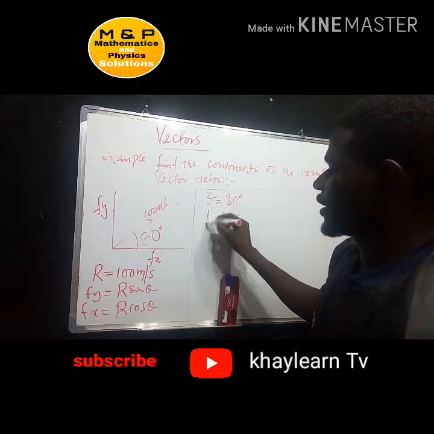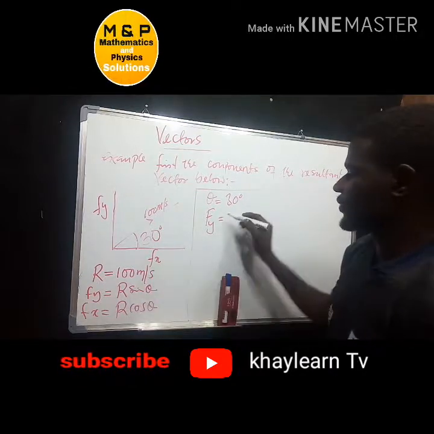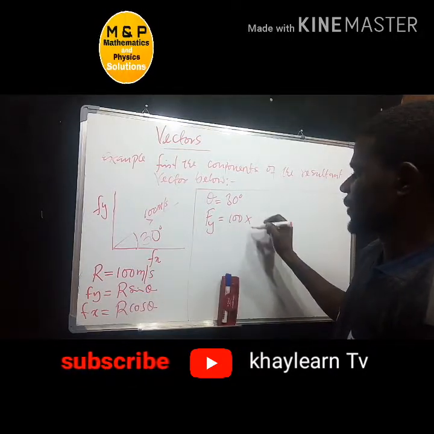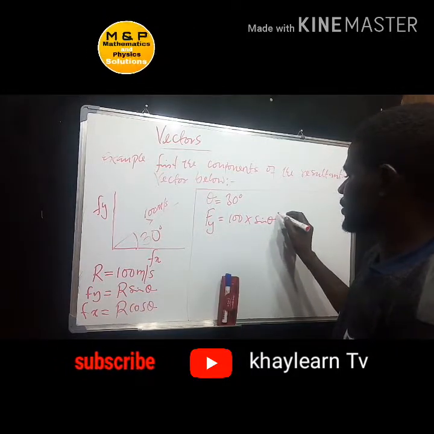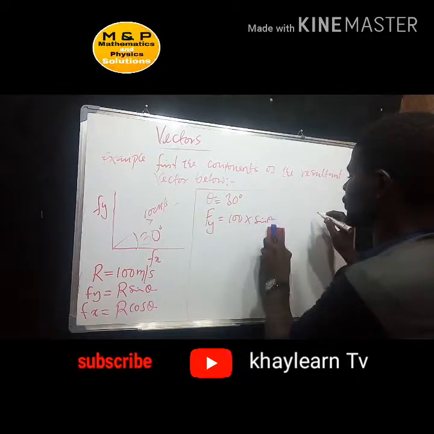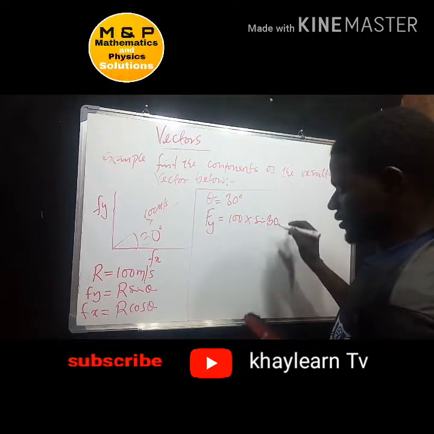Automatically, our Fy will be equal to R, which stands as 100, times sine of the angle, which is sine theta, and the theta, I told you, is 30 degrees. So what we have is sine 30.